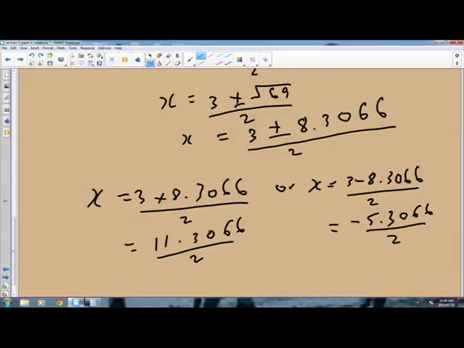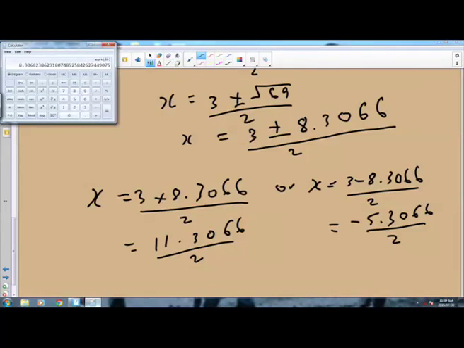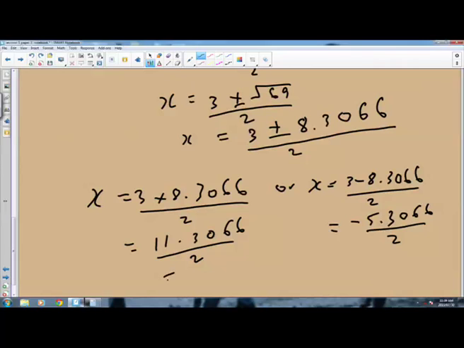Okay. And then take your calculator and find out what 11.3066 divided by 2 is. It's 5.6533. This is the value of x.